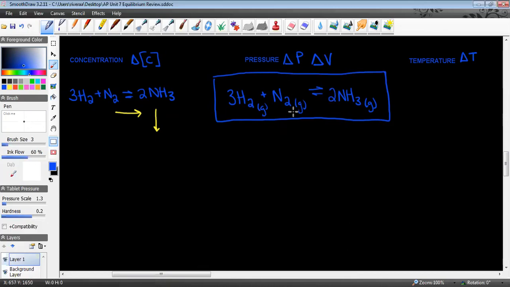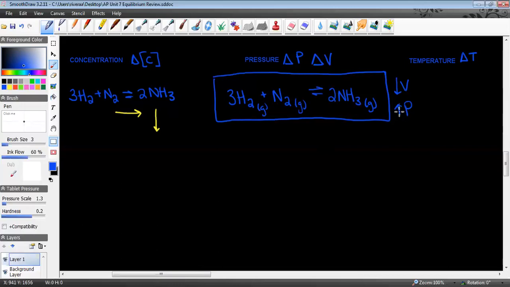So what would happen if I decreased the volume of this container? If I squished down on this container, that would be increasing the pressure inside this vessel. But it was happy with whatever the total pressure was.